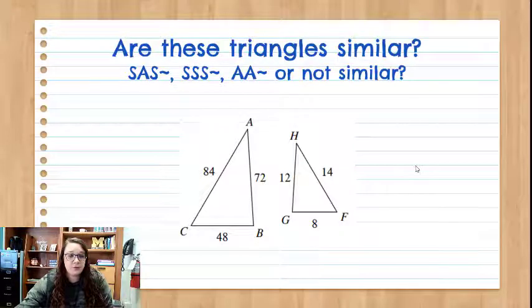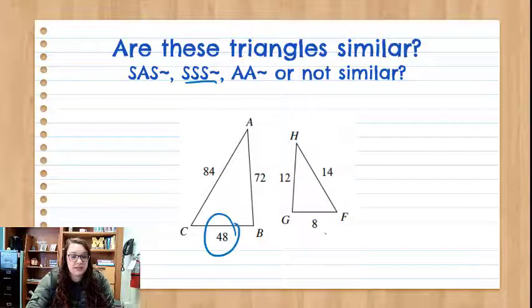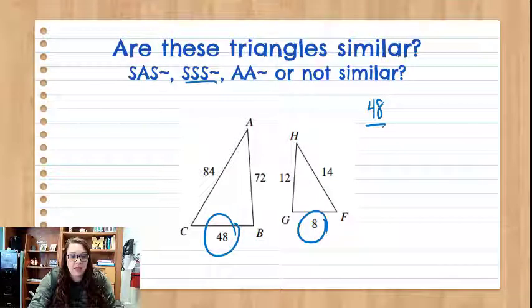I want to know first, as a review, are these triangles similar? Are they side, angle, side, side, side, side, angle, angle, or are they not similar at all? Let's look and see. I was given all sides. I was not given any angles at all. So already I'm thinking if they're similar, I'm going to have to shoot for side, side, side. So let's see if they're proportionate. I'm going to match up little to little. So little side to little side, that's 48 and 8.